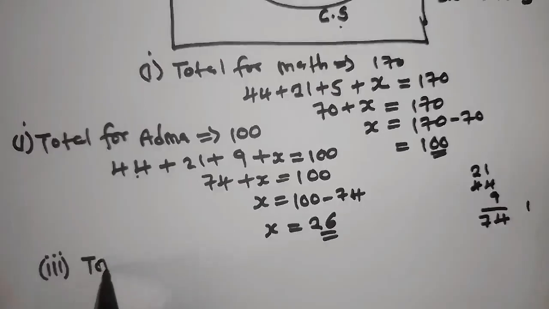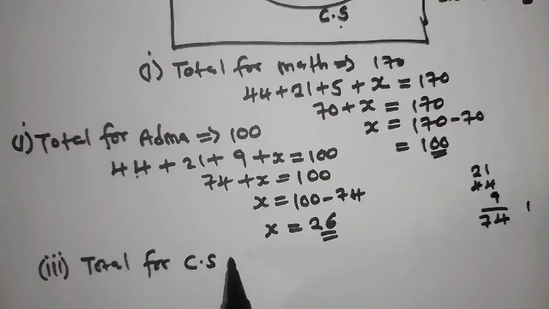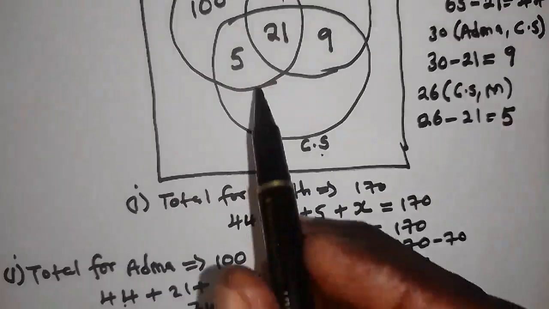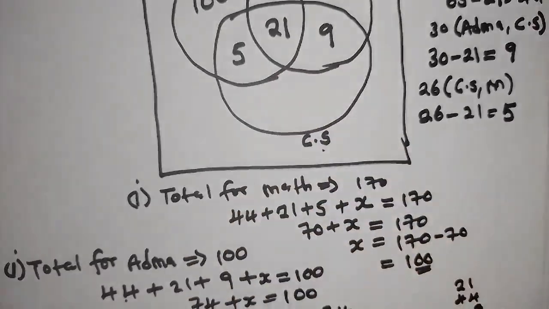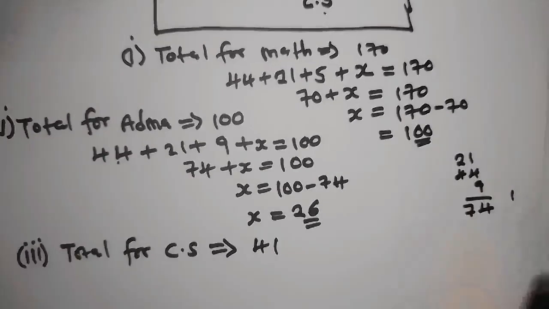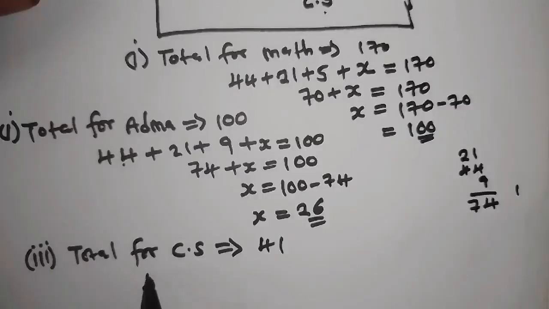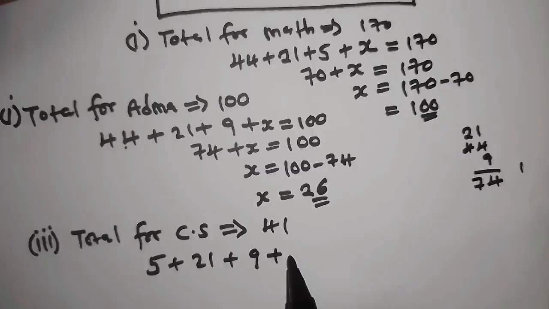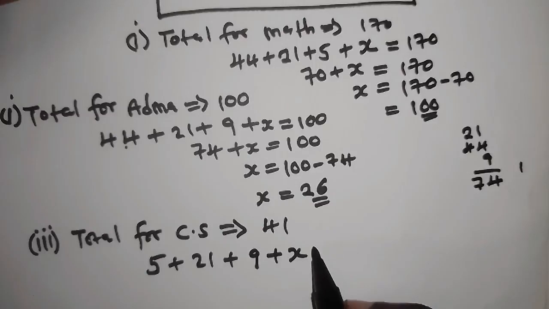So total is 41. So what you do is it is just 5 plus 21 plus 9, okay, it's 9 plus the x for the teachers that taught computer studies only.